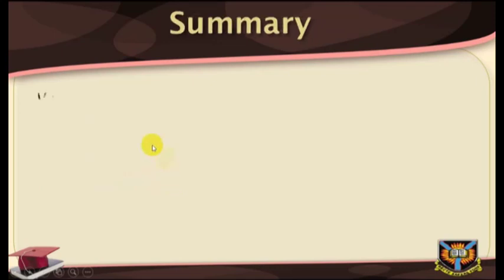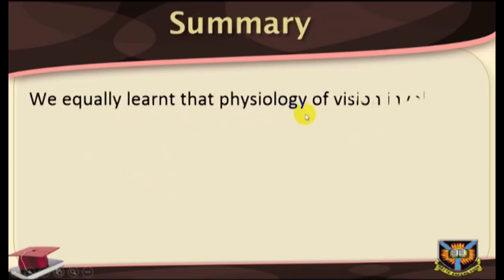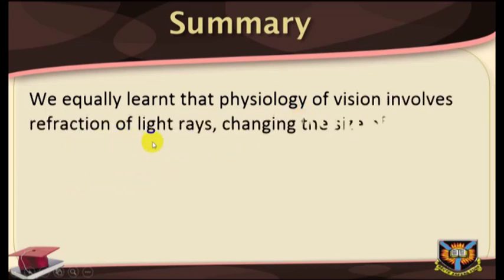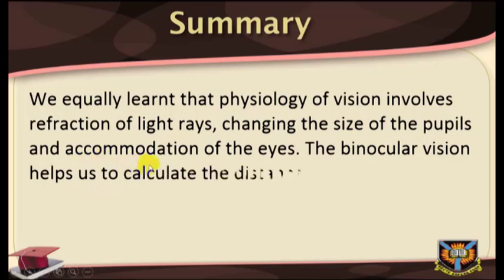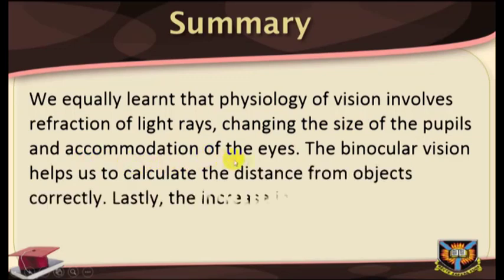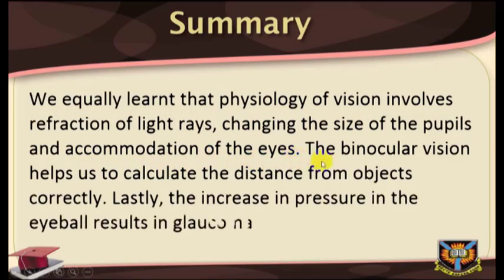We equally learned that the physiology of vision involves refraction of light rays, changing the size of the pupils, and accommodation of the eyes. The binocular vision helps us to calculate the distance from objects correctly. Lastly, the increase in pressure in the eyeball results in glaucoma.